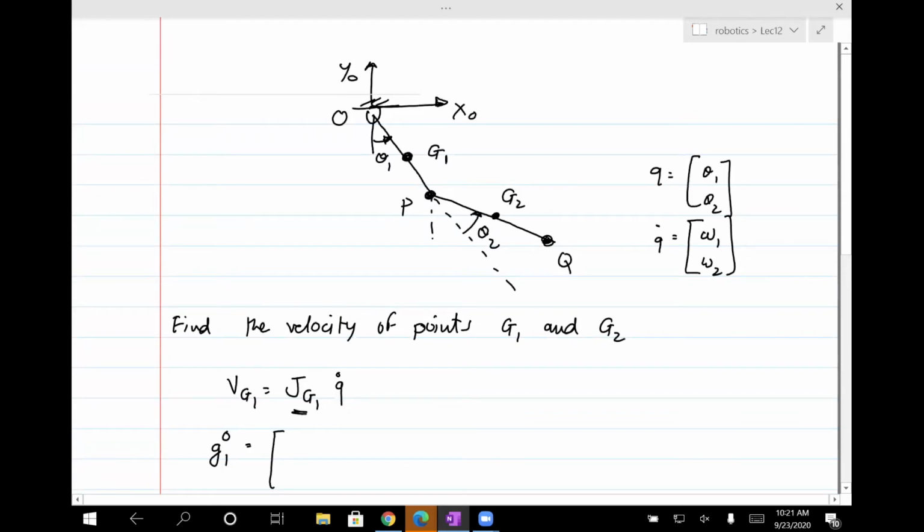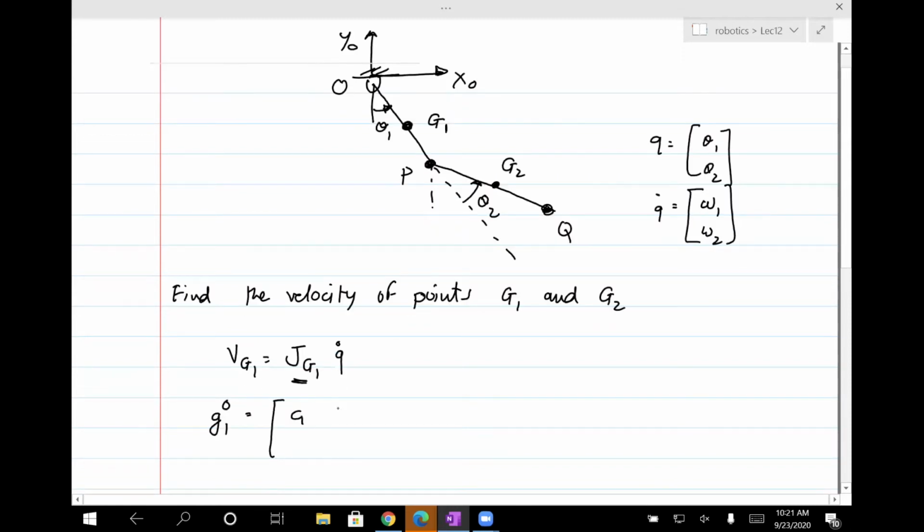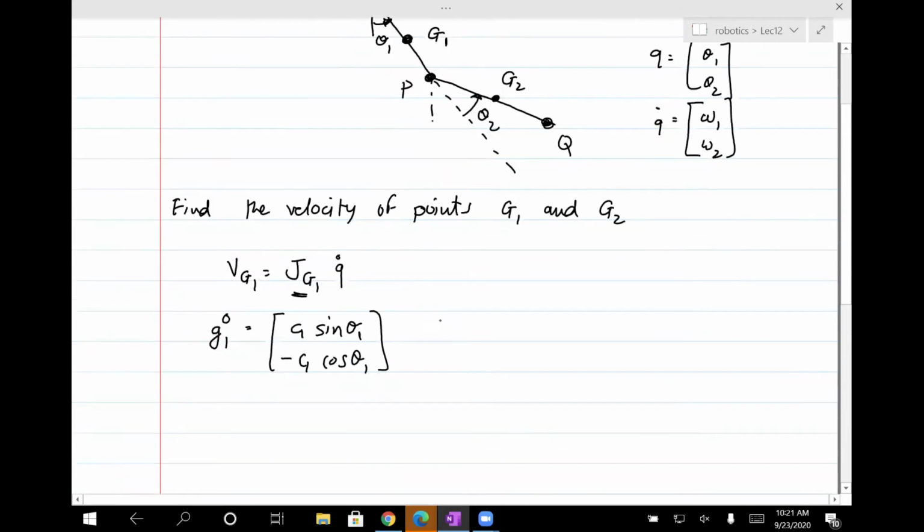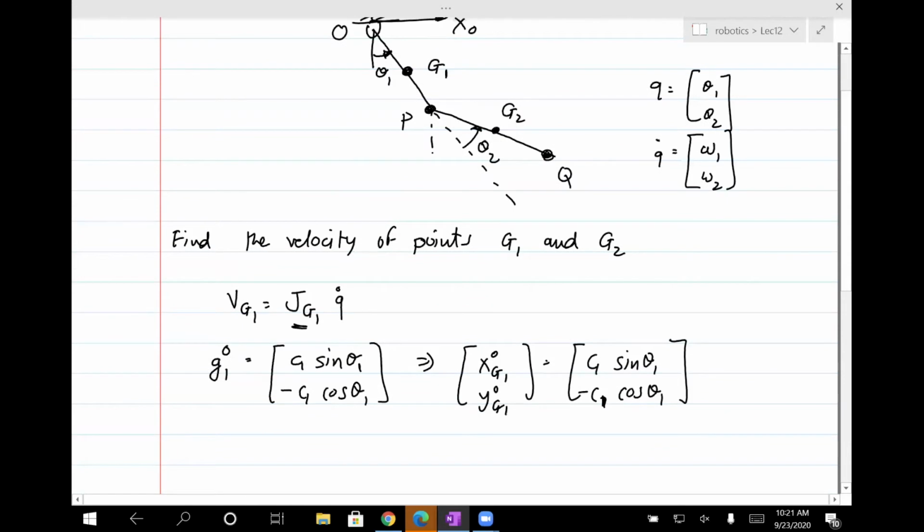The position of G1 along the x-axis is simply C1 sine theta 1, and the y position is C1 cosine theta 1. So we'll call this x of G1, y of G1, equals C1 sine theta 1, minus C1 cosine theta 1. This is your f.